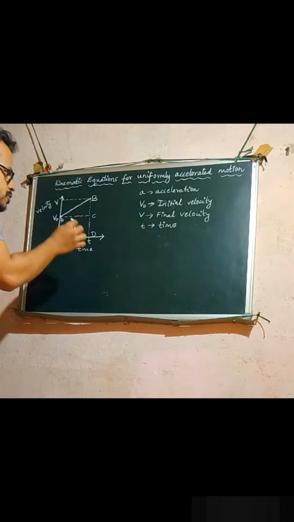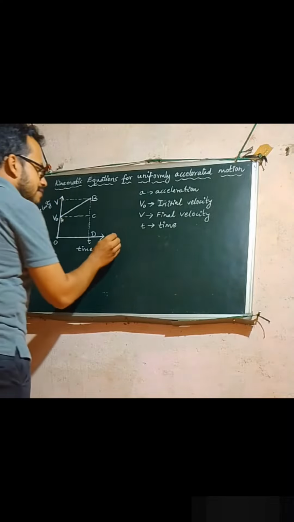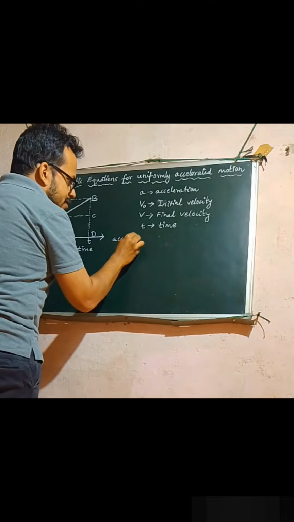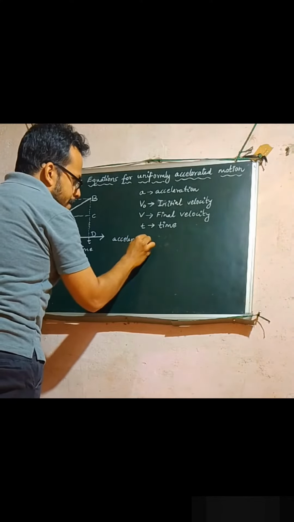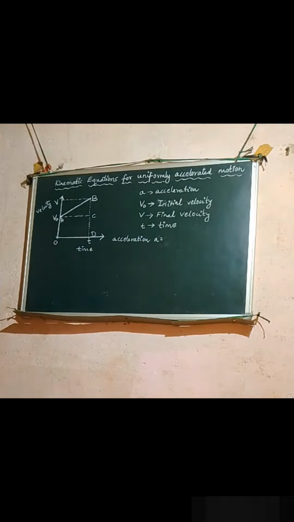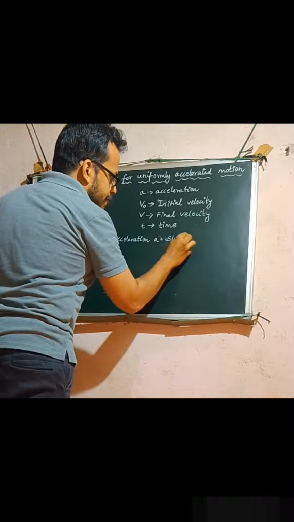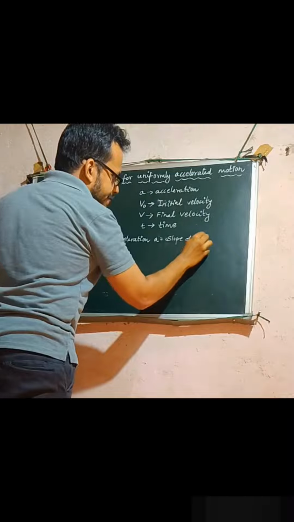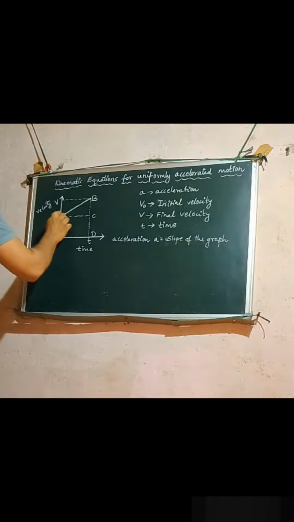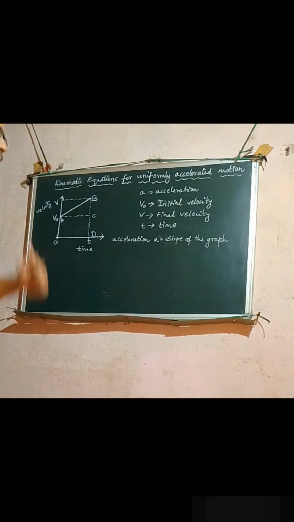So the acceleration a is equal to the slope of the graph, which means the slope of this line AB.